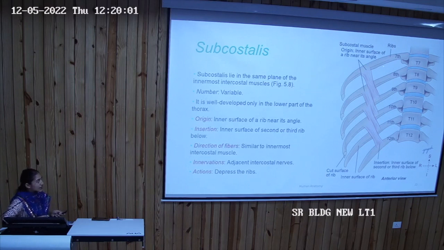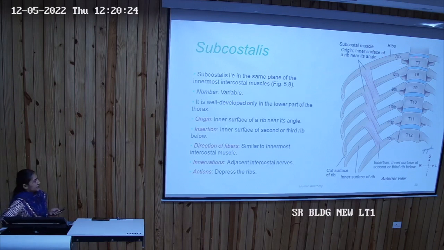Then you have the angle of the rib. So from the posterior end, you have three features: head, tubercle and the angle of the rib. The angle of the rib is that region where the twisting of the rib occurs. So this will be the angle of the rib. It will be more clear when we show you in the osteology lecture.